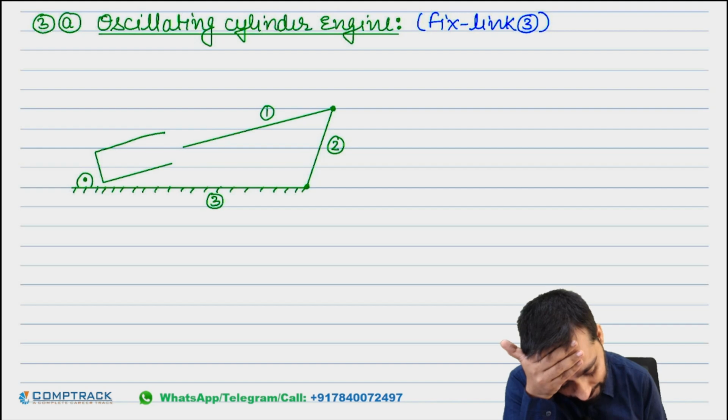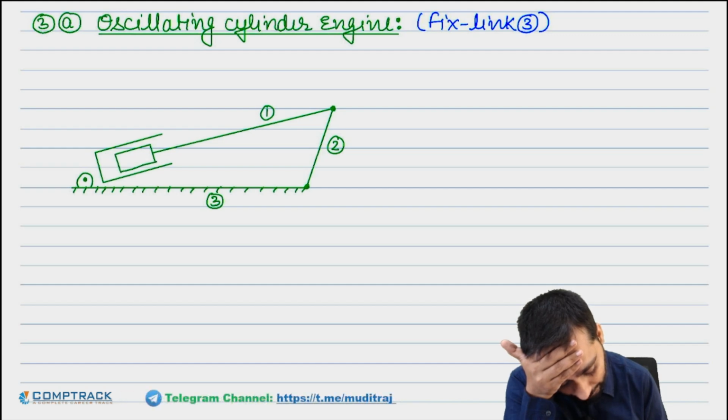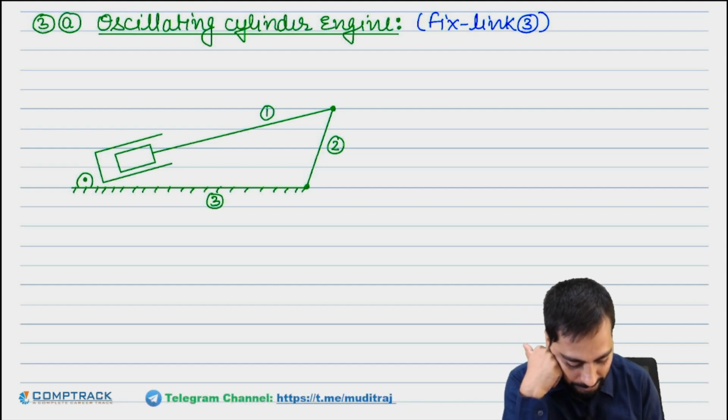They will exchange 4 and 1. Fourth they will make the cylinder, and first they will make the piston like this. But the relationship, the type of motion, the type of pair, everything will remain the same.